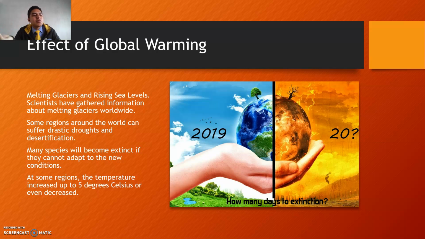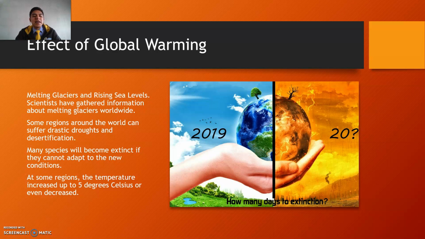They have to migrate to other locations and other environments where the climate conditions are not ideal for their survival. So it's just one of the species that might get extinct if we don't do something about it. And some regions around the world can suffer drastic droughts and desertification.